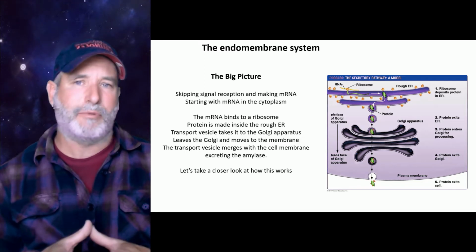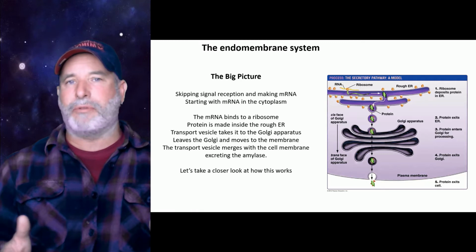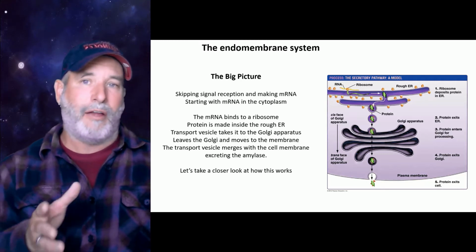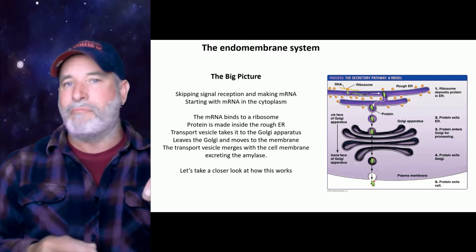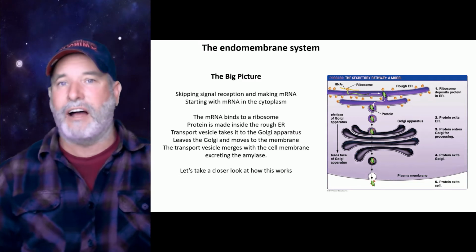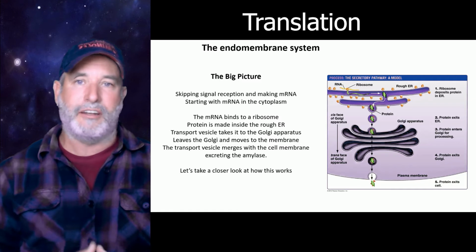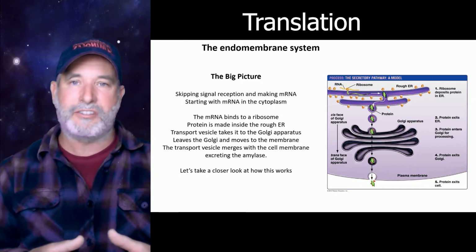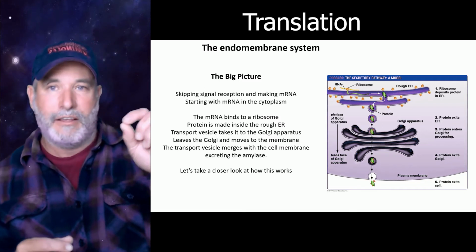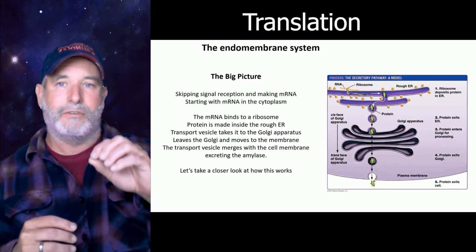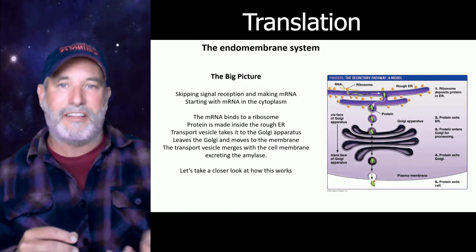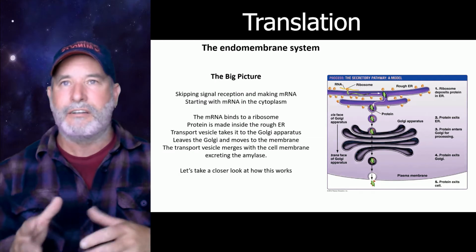And it reaches the cytoplasm. And then once it reaches the cytoplasm, it binds to a ribosome. And then the ribosome will make its way with the messenger RNA down to the rough ER, where it will then translate the protein inside the rough ER. Now, translation is where I take the information in my sequence of nucleotides and translate that into a sequence of amino acids.